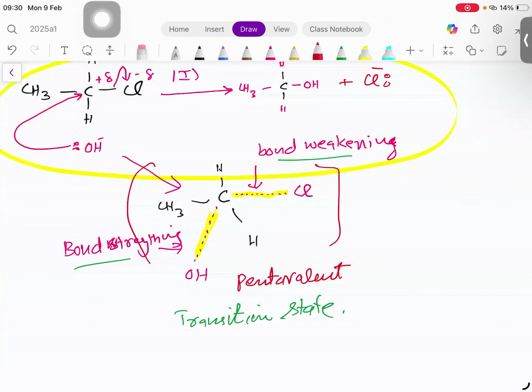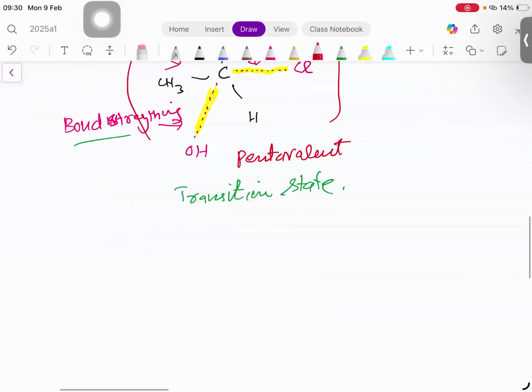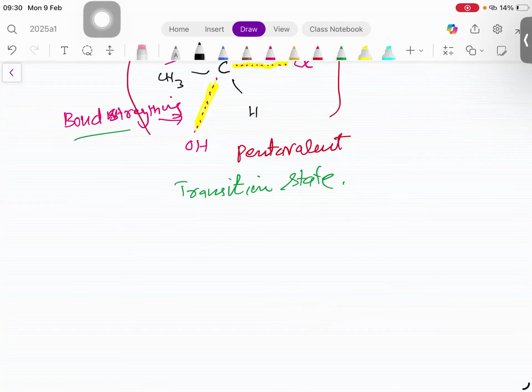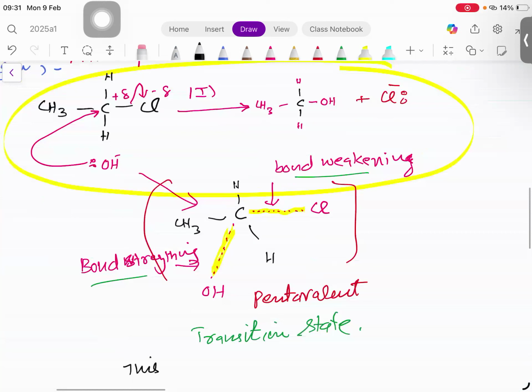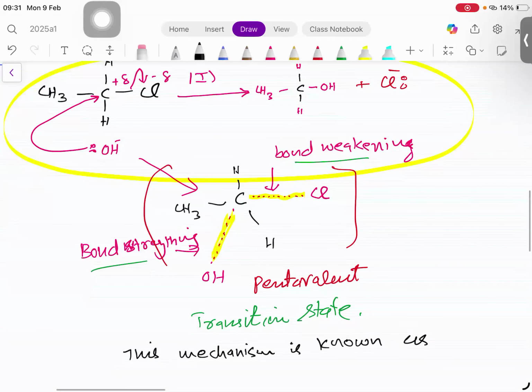Bimolecular means, now let me come to this point, right? First write this down, then I will explain bimolecular and unimolecular. Draw it. I am explaining this. This mechanism is known as bimolecular nucleophilic substitution.